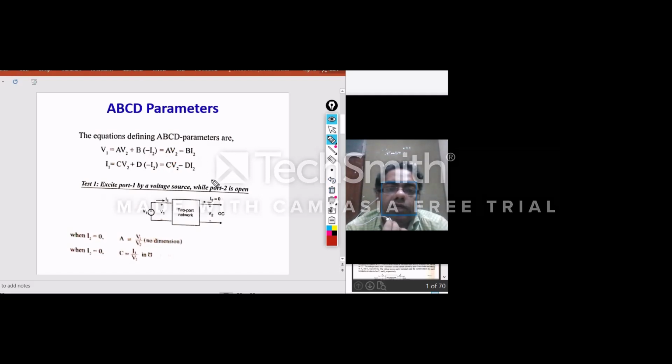Then we can find A and C. A is V1 by V2, as shown here. Similarly, we can find C. C is nothing but I1 by V2, and accordingly we can fix the unit. A is a ratio of voltages, so it has no dimension. C is current by voltage, so it is mho or ohm inverse. So like this A and C can be found out.